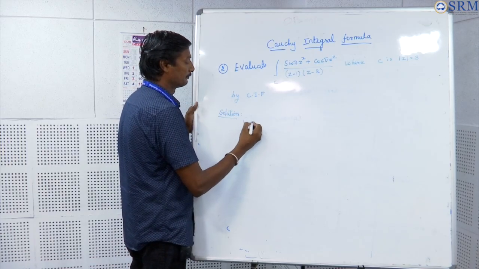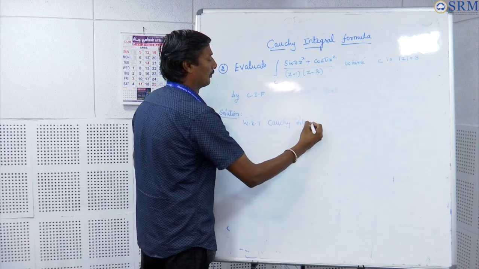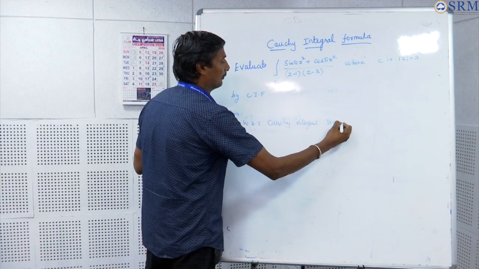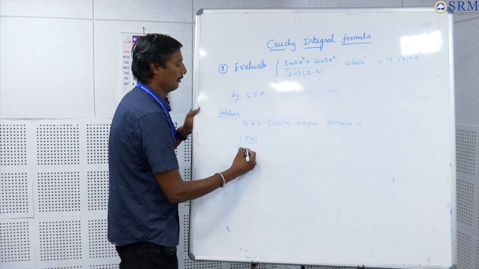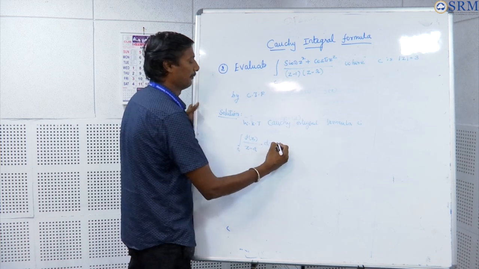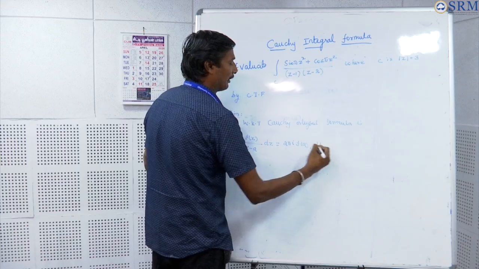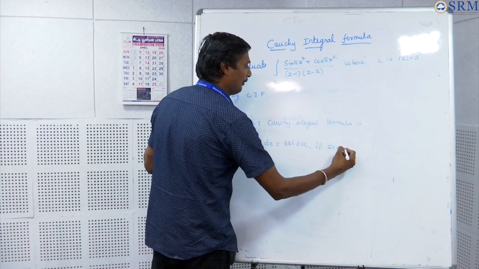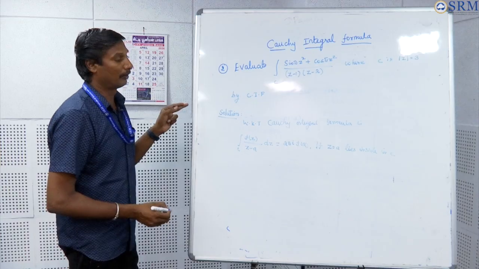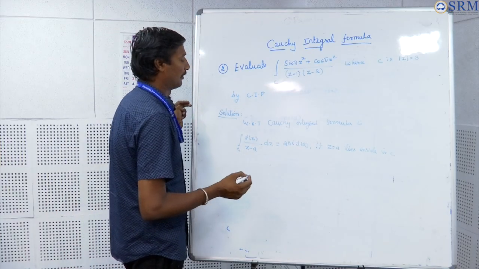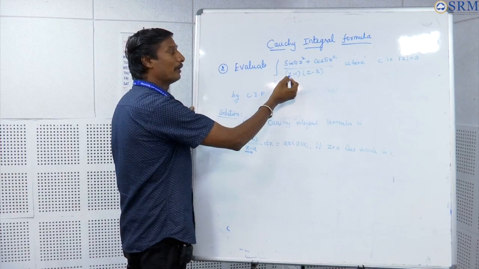We know that Cauchy integral formula is integral over C f of z upon z minus a into dz is equal to 2 pi I into f of a, if z equal to a lies inside in C. Okay, on or outside will come lies outside the C. So in this problem we are having only one singular point formula, but our problem is how many singular points are there?